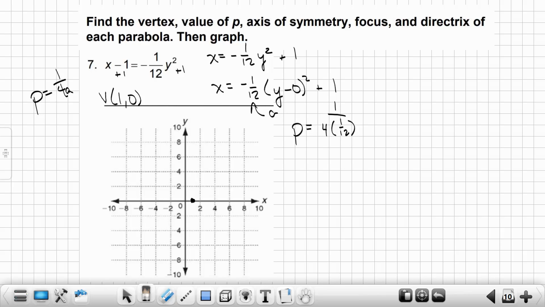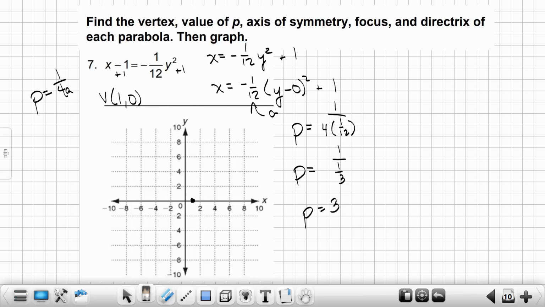Which is going to make 1/3. 4 times 1/12 is 1/3. So P equals 1 over 1/3. How many times does 1/3 go into 1? 3. All right. So P is 3.